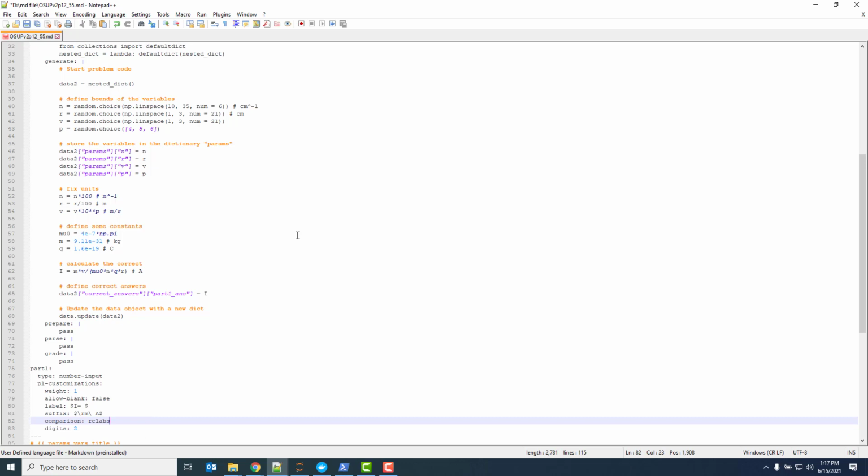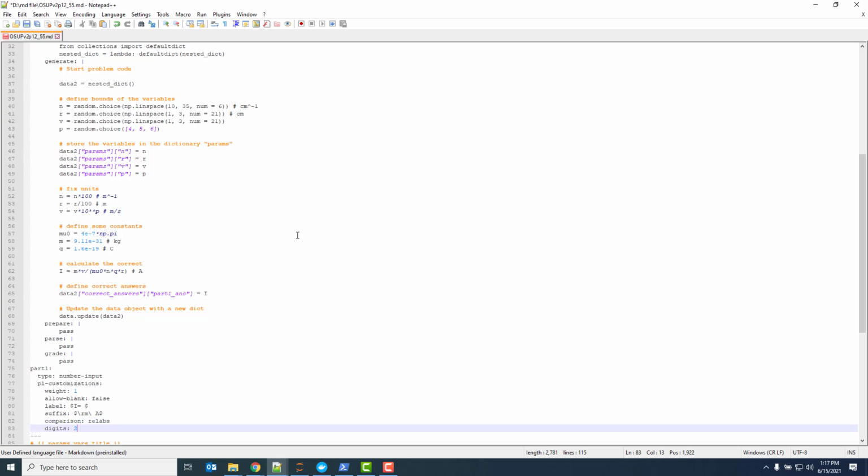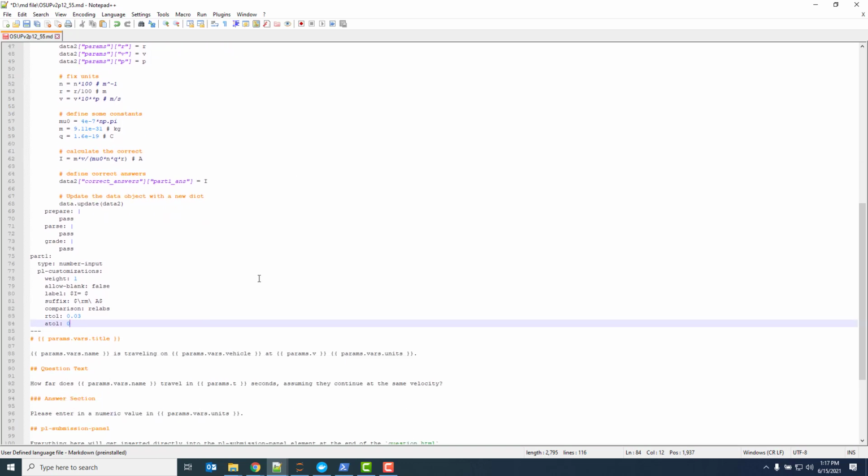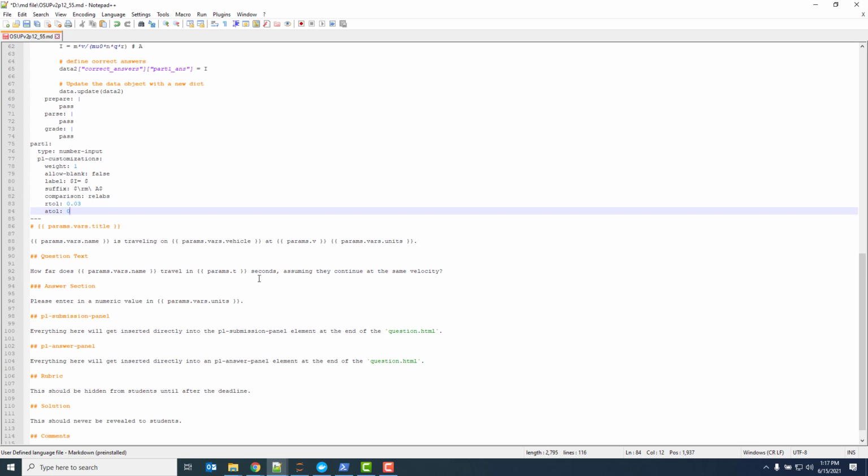What this stands for is relative and absolute tolerances. And if you use that, then you can go ahead and specify the relative tolerance. And I typically use 3%. And I don't find the absolute tolerance to be very useful. And so I'm going to say that that's going to be 0. Now hopefully that's all we need for those customizations.